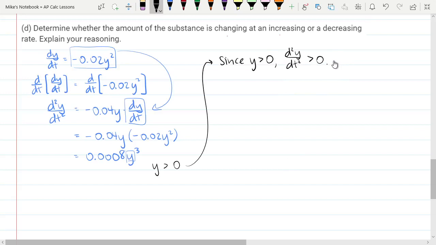And that means if the second derivative is positive, remember what that's telling you about the first derivative. It's the same relationship between the first derivative and the original function. So since the second derivative is positive, then dy dt, the first derivative, is increasing.